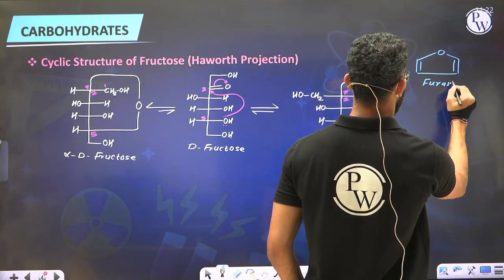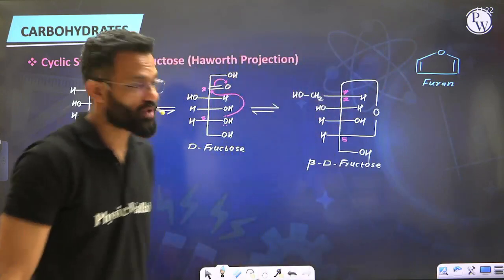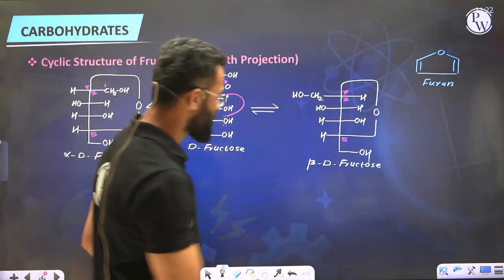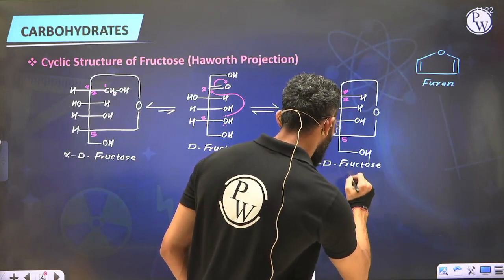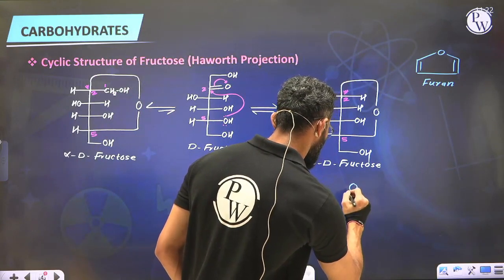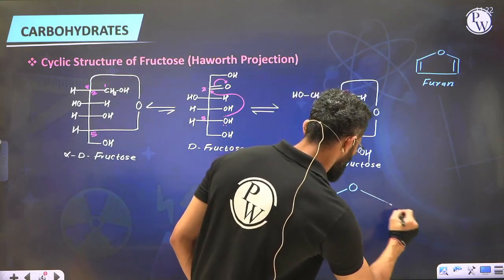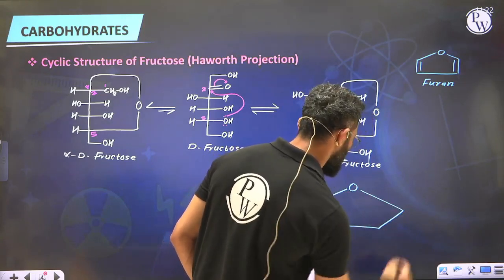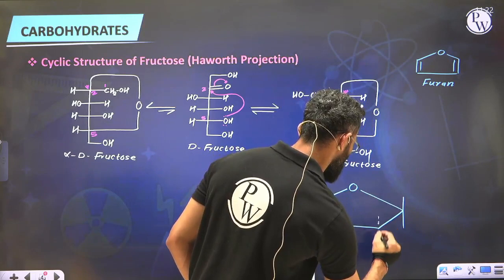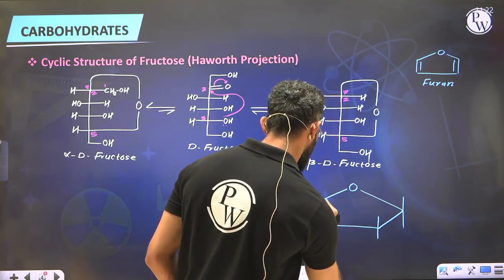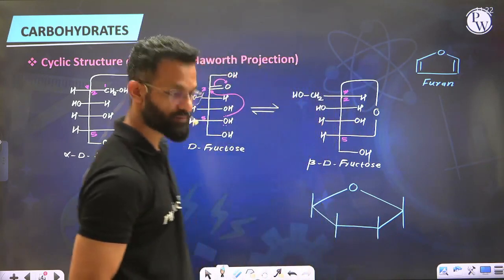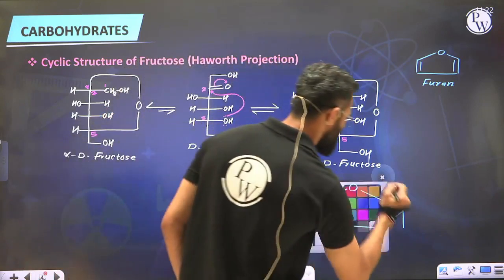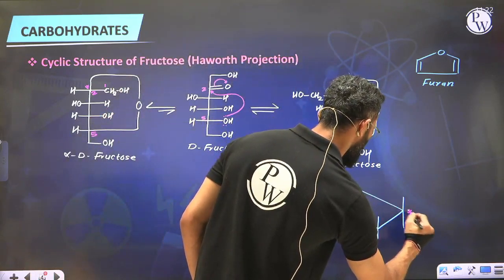Okay, so how do we draw the structure? Let me show you that. Look, I'm going to draw a 5-membered cyclic structure. Carbon number 2, number 3, number 4, number 5. Now, this is the newly formed chiral carbon.